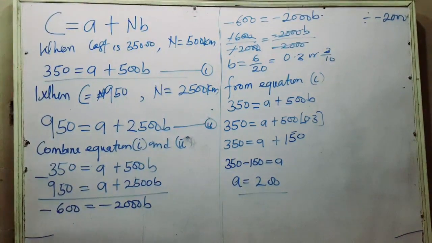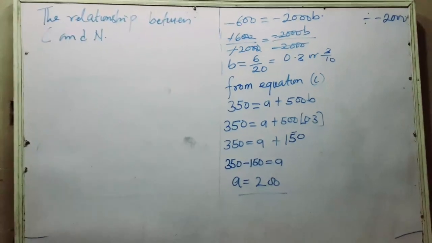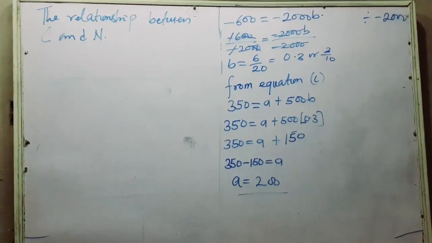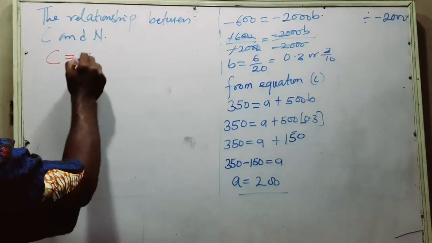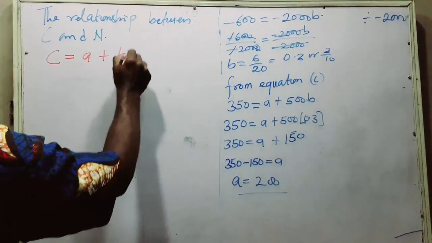In variation, something common, we call it a relationship. Let's write out the relationship between C and L from the equation. We have C is equal to A plus BL.